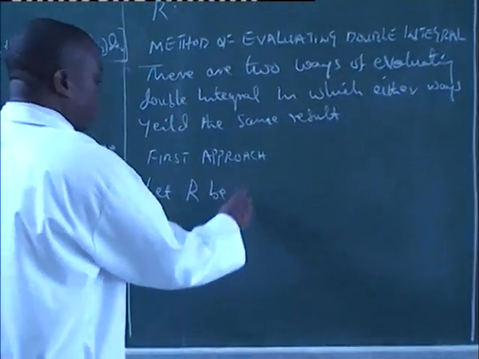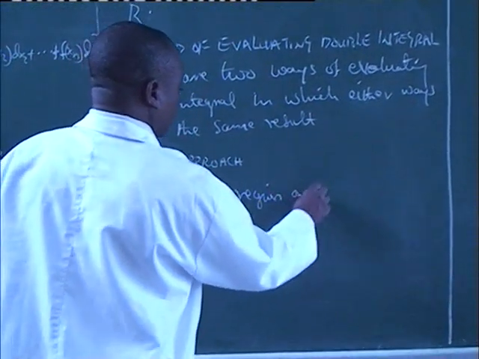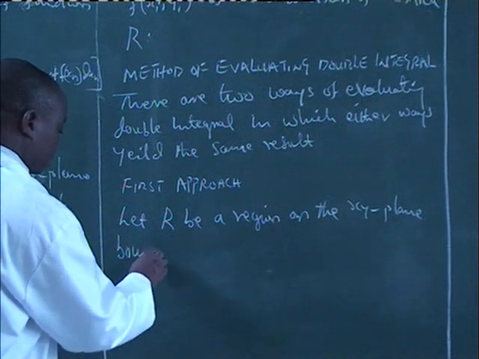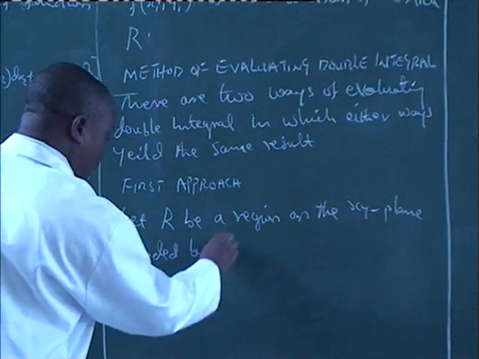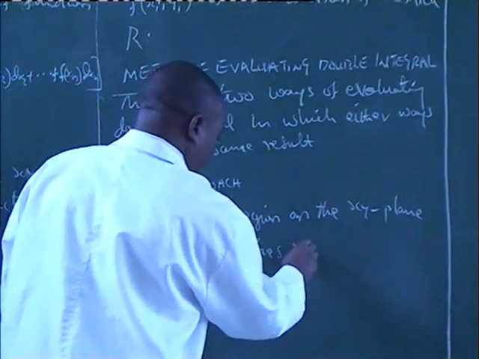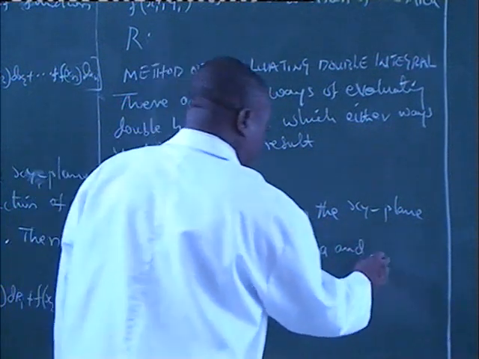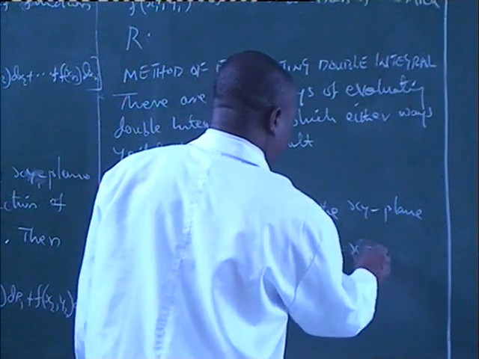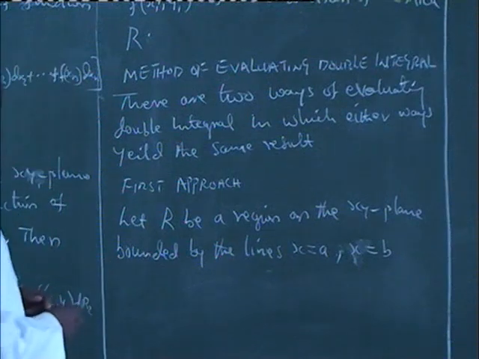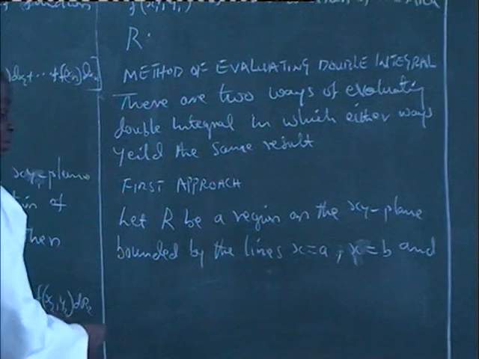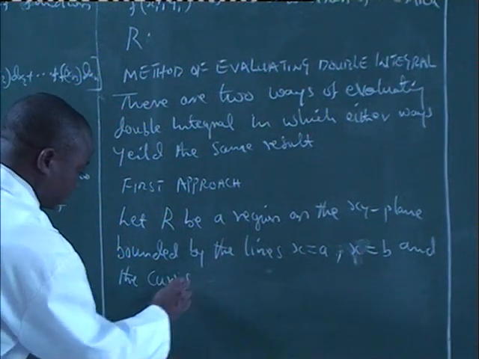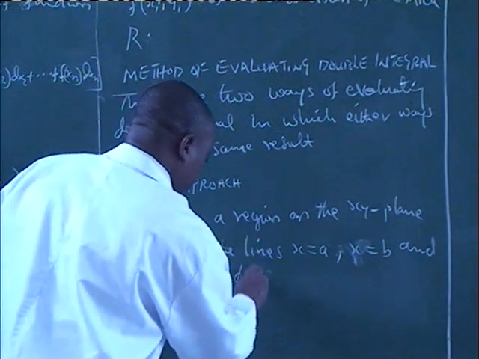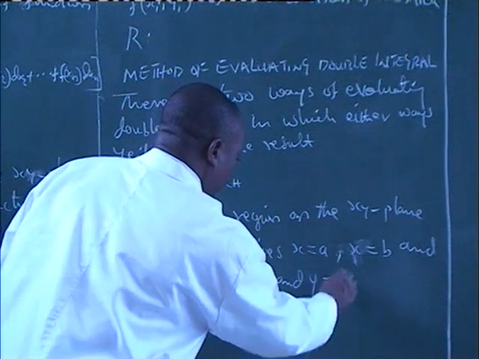Let R be a region on the xy plane bounded by the lines x equals a and x equals b, and the curves y equals phi 1 of x and y equals phi 2 of x.